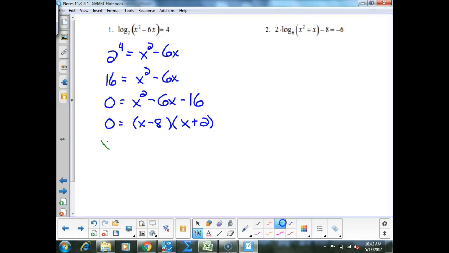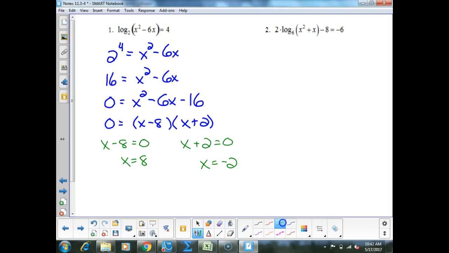So I said x minus 8 equal to 0, gives me x equals 8. And I said x plus 2 equal to 0. That gives me x equals negative 2. Now what? Okay, which one do you want to pick? And what do I do with that then?